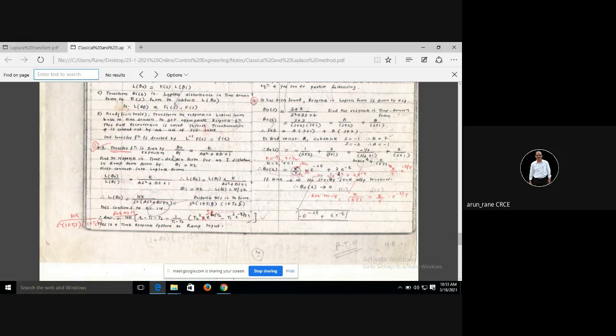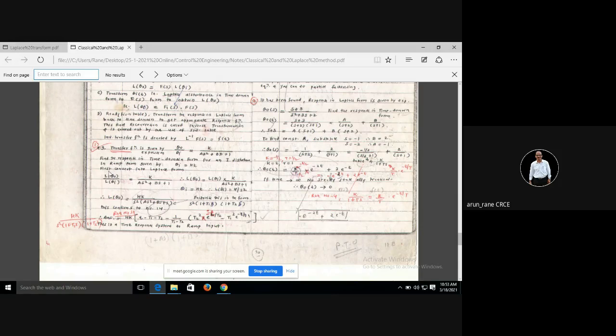So what we have to do is convert this into Laplace domain. This is the time domain, and we have to convert it into Laplace domain. So how do I convert? You will just write Laplace of theta O upon Laplace of theta I is equal to k upon, replacing the differential operator D by the Laplace operator s, A s square plus b s plus 1.